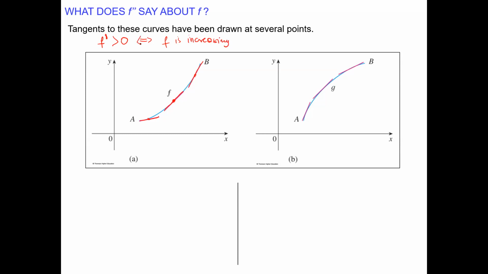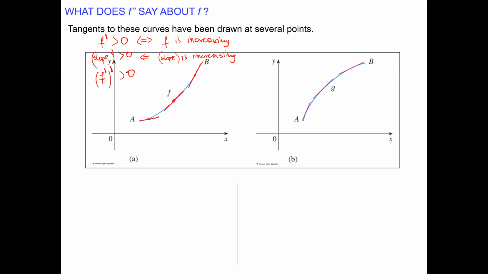And now what we can say, since the slope is increasing, then we can say that its derivative, the derivative of the slope, is positive. And the slope, of course, with respect to calculus, is the first derivative. That means the derivative of the slope is positive.